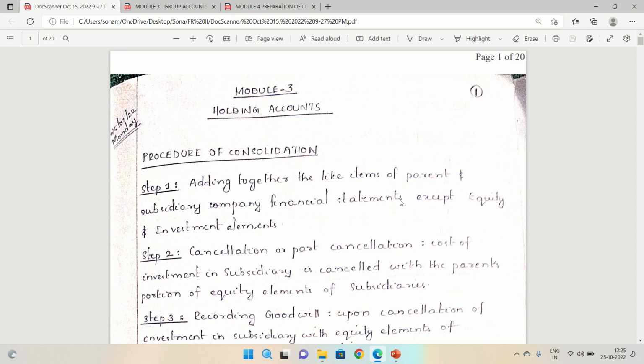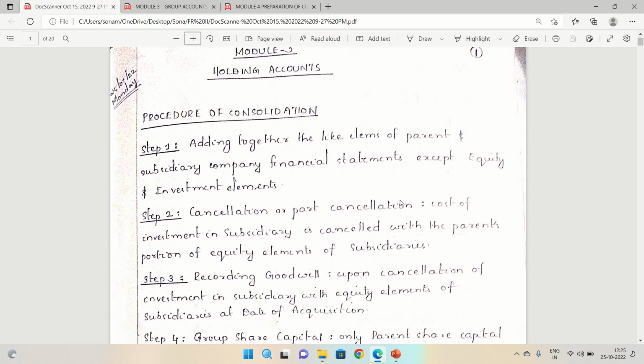Except for these items, all the other like items of the parent company and the subsidiary company will be added together. That is the first step to keep in mind. Okay. Don't worry about this. We'll see this in detail when we come to solving problems.